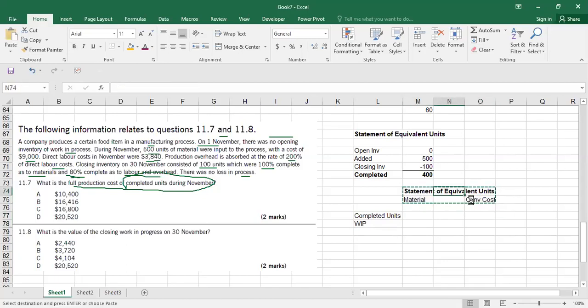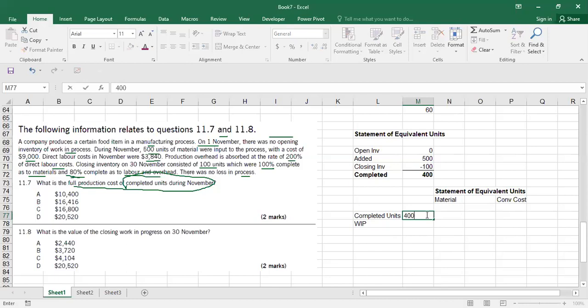So we can say that we have completed units 400 and work in process is 100. Those which are completed with respect to material are completed here, and they are also completed with respect to conversion cost. I mean, these 400 units are fully finished. Material is done, conversion cost, labor and overhead is done. But when it comes to work in process, it is 100% complete with respect to material. So with respect to material, they are fully finished, so this is multiplied by 100%.